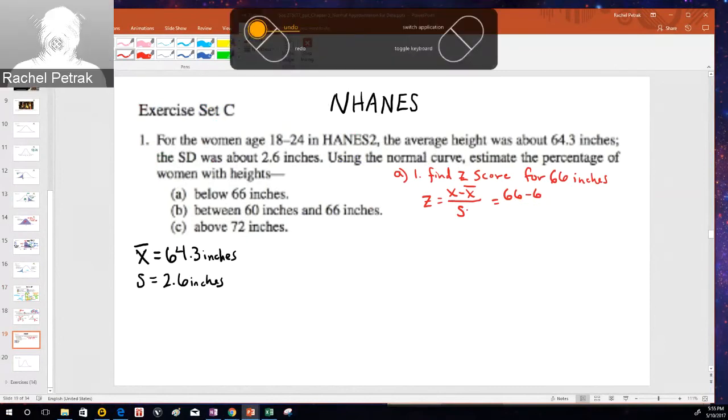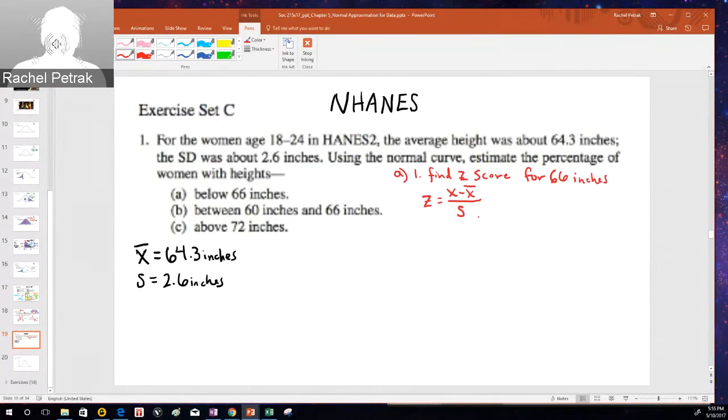The best way to do this is that you don't just write these equations once, you write them every single time that you do them. That's why every time I convert a z-score, you see me writing this equation again. Why?